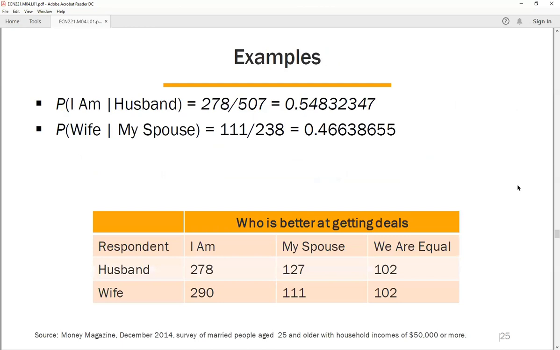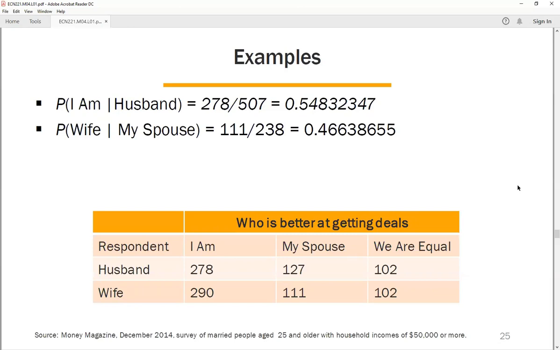So to give an example of that, we want to think about the probability of "I am" given that the person is husband. So how do we find that?